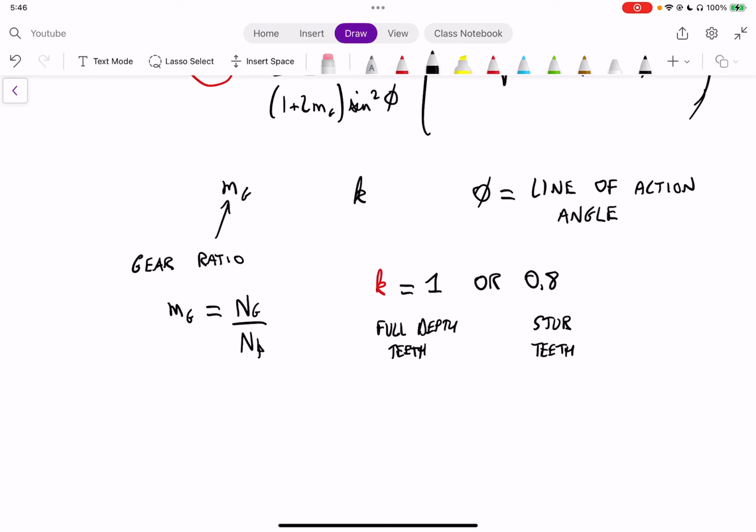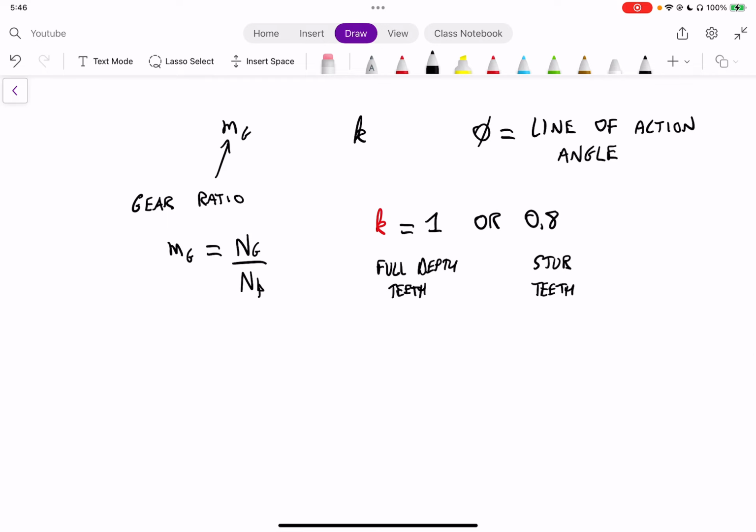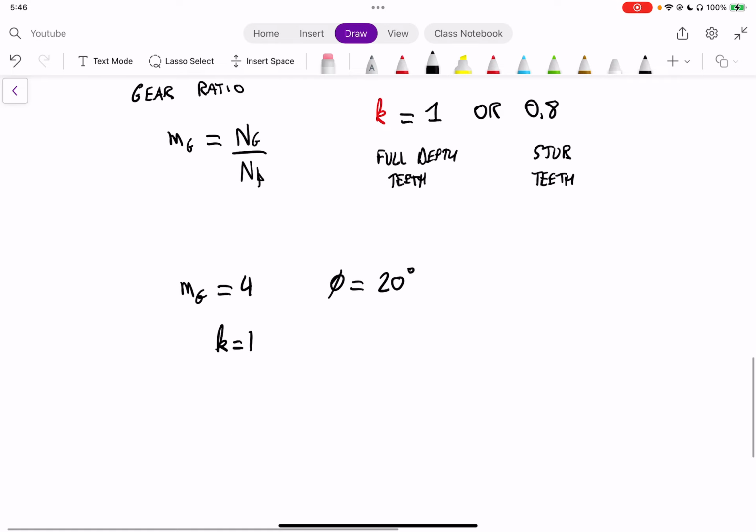Following that, if we did a simulation and said, for example, we have a gear ratio of 4, which means that the number of teeth on the gear is 4 times more than the number of teeth on the pinion, a contact angle of 20 degrees, and K is equal to 1, we would get that the number of teeth in the pinion to not have interference would be equal to 15.4.